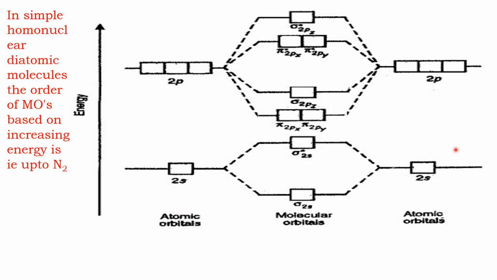So I could write the configuration: the molecular orbital with the minimum energy is sigma 1s, then sigma star 1s, then sigma 2s, then sigma star 2s, then pi 2px having same energy with pi 2py, then we have sigma 2pz, then pi star 2py having same energy with pi star 2px, and finally sigma star 2pz.